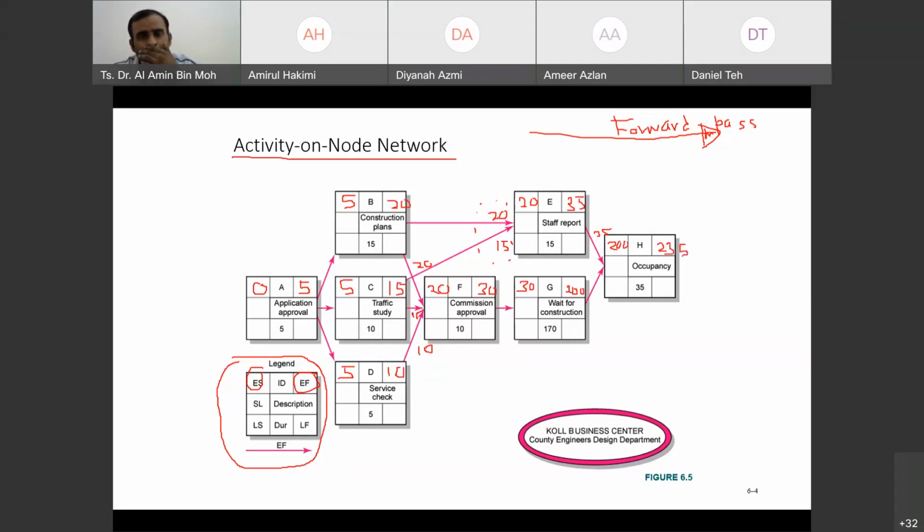So we are done on forward pass. This is clear, right? Okay, so we are done 45% of the AON network analysis for forward pass. What we are going to do next is the backward pass.